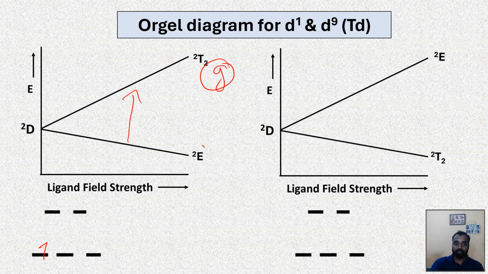And in the case of tetrahedral compounds, the delta T value is reduced to 4 by 9 delta O. Here delta O means the octahedral crystal field splitting energy. We can also say that the ligand field strength is represented in terms of delta O or delta T, and the unit is Dq. Dq means difference in quanta.